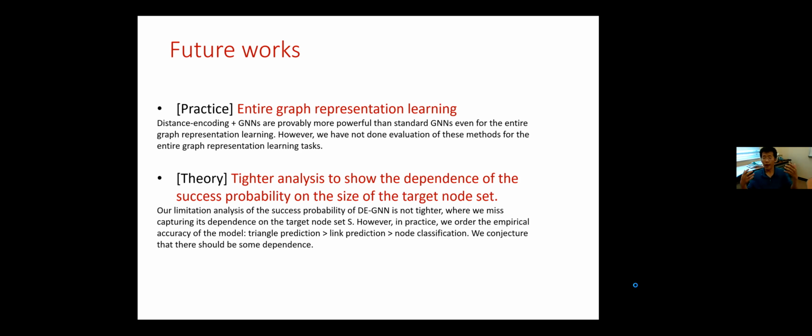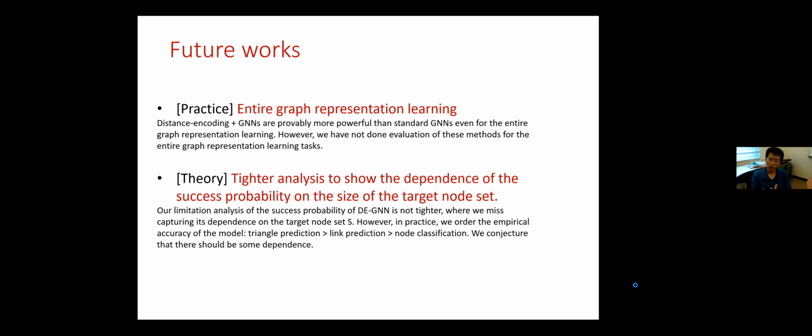However, we have not empirically evaluated this in this project, while we expect that distance encoding may indeed help entire graph representation learning in practice. So if you're interested, you can look into how we can use this distance encoding technique to get better entire graph representation learning.